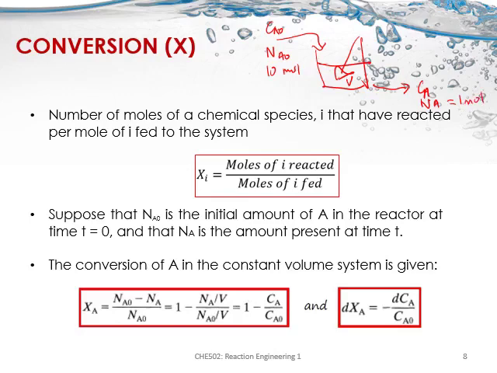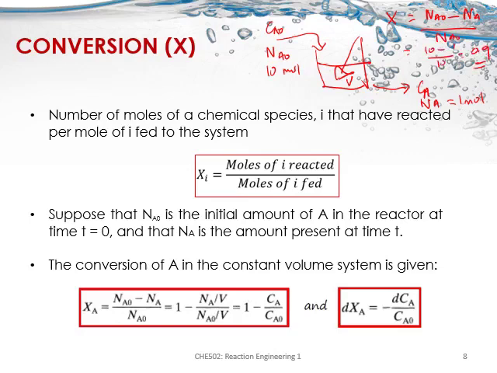So species A obviously has been converted in the reaction. So it is reduced from 10 to 1. So conversion will be NA0 minus NA divided by NA0. So 10 minus 1 divided by 10. So it is 0.9.